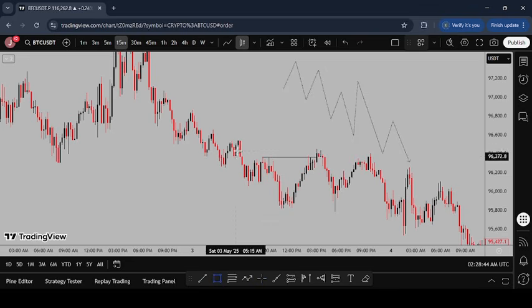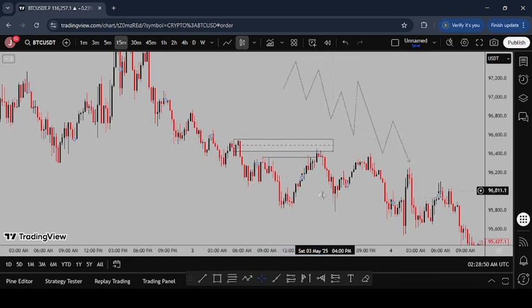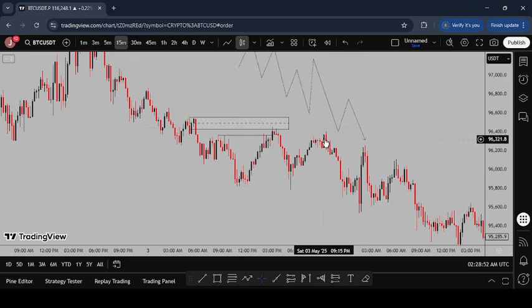And it tapped into what? The supply zone of the previous lower high. Then market started continuing the bearish movement. These are the kind of setups we trade on SMC after market has come to hunt liquidity to the downside.